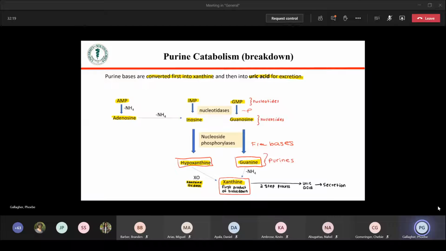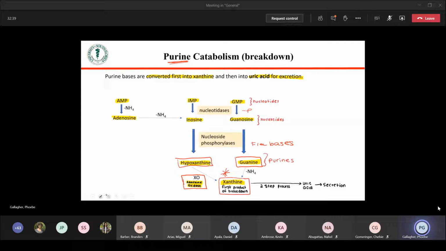So your free bases, your hypoxanthine and your guanine, will ultimately break down further. She liked this enzyme, so I would maybe remember that one, into xanthine. And know this as the first product of breakdown. So know that xanthine is the first product of purine breakdown.